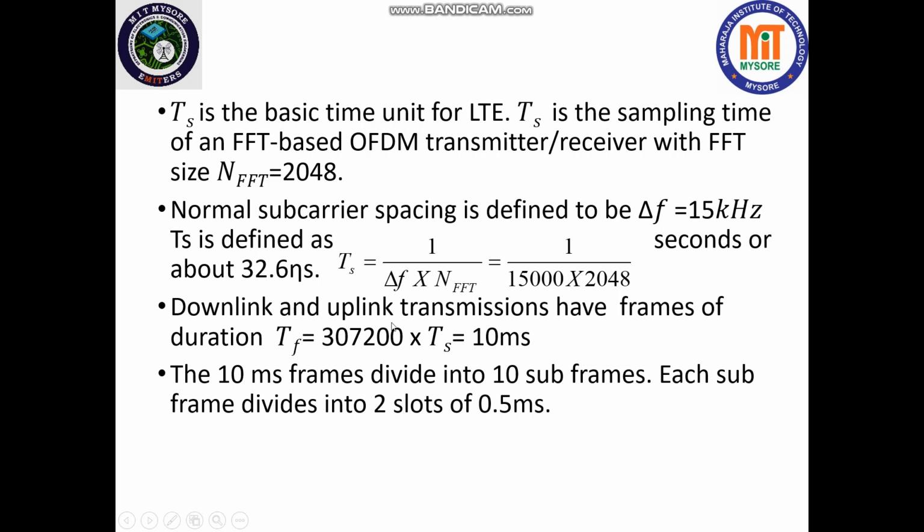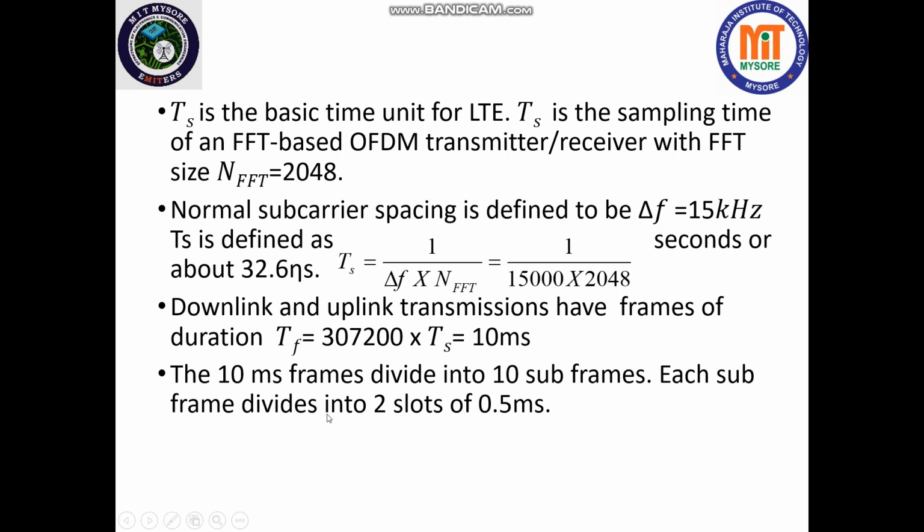Now downlink and uplink transmissions have a frame of duration Tf. Tf is given by this equation. This was also previously there in wireless communication, and it is used here. Each frame in downlink and uplink transmission will have a 10 millisecond frame time, and it is divided into 10 subframes.